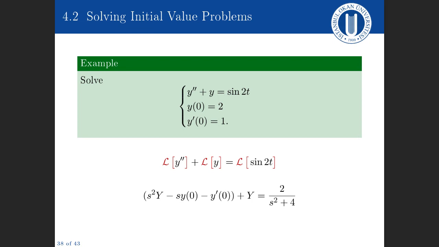And at this point, it's time to use the initial conditions. Instead of y of 0, we have a 2. Instead of y prime of 0, we have a 1. So that's just s squared capital Y minus 2s minus 1 plus capital Y is equal to 2 over s squared plus 4.